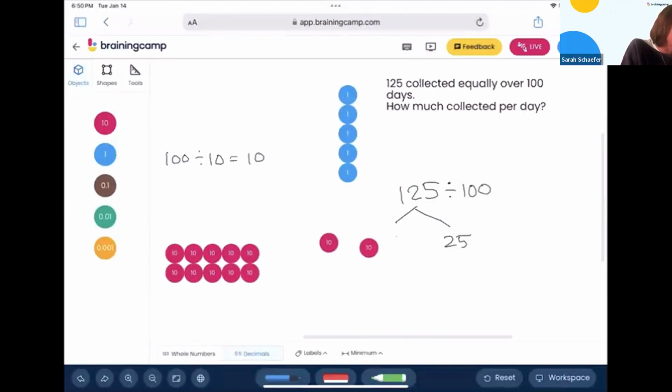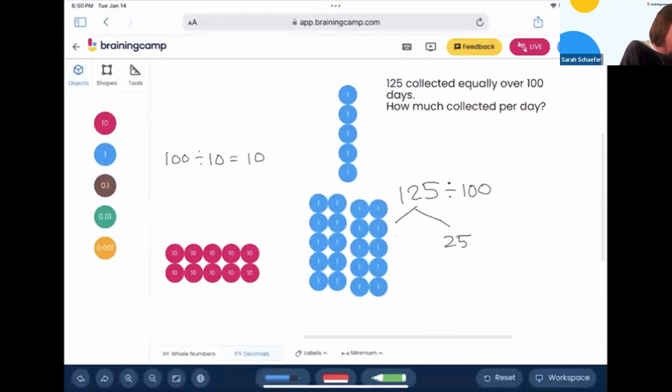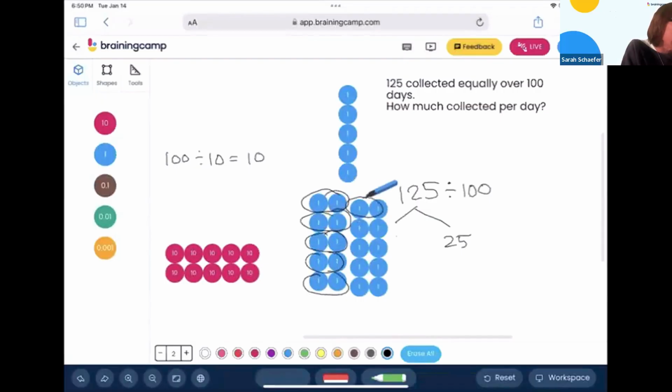If I want to break this into my ones, I can see, okay, if I put it into 10 groups, I could get one group, 3, 4, 5, 6, 7, 8, 9, 10.